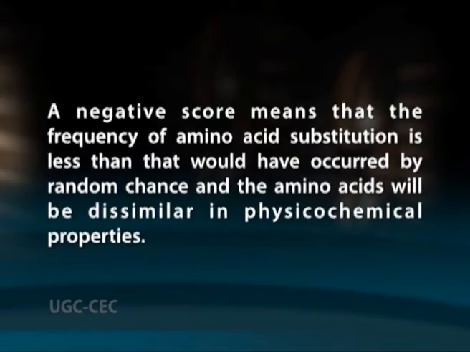In this case, the relationship between the amino acids is weakly similar at best in terms of physiochemical properties. A negative score means that the frequency of amino acid substitution is less than would have occurred by random chance, and the amino acids will be dissimilar in physiochemical properties.